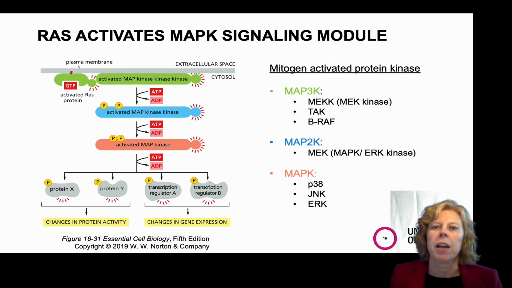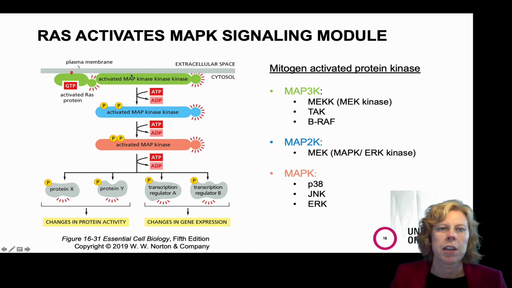The RAS protein activates a 3-kinase signaling module of MAP kinases, or mitogen-activated protein kinase, that relays the signal to activate proteins and specifically transcription factors. The first in this cascade is the MAP kinase kinase kinase, or MAP3K.